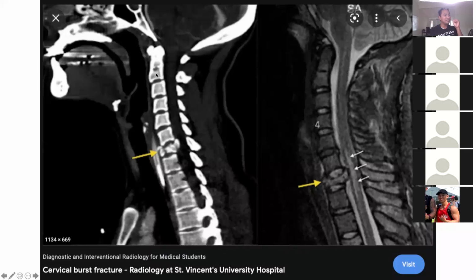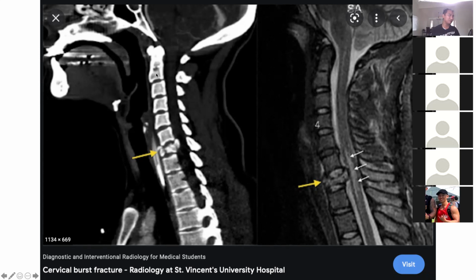So anything tall and long as a column on the lateral view at the top is the second cervical vertebra. And this is the first cervical vertebra, which is just a ring like that. The second cervical vertebra is also a ring as well, but at the top it has this pointed part, and they are connected like that. So if we see that, then we can see the odontoid peg of the second vertebra.